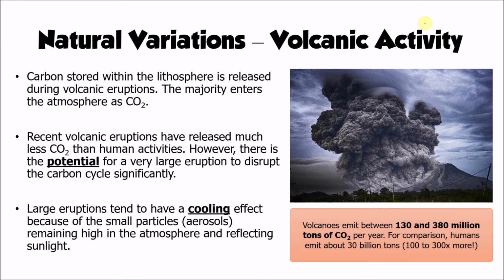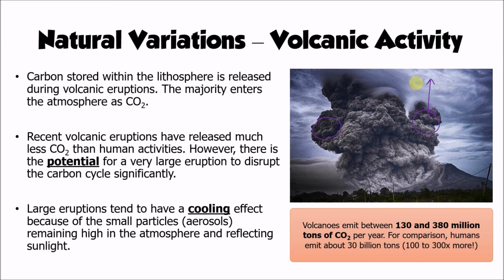That's because all of the tiny particles of ash and sulfur dioxide in particular that are being emitted from this volcano, if we imagine all of these little particles within this ash cloud, when they get really, really high up into the atmosphere, what they are doing is effectively acting like tiny mirrors to scatter and reflect sunlight that is coming in from the sun. That actually then leads to a cooling effect, and some large eruptions have had significant cooling effects on the planet.